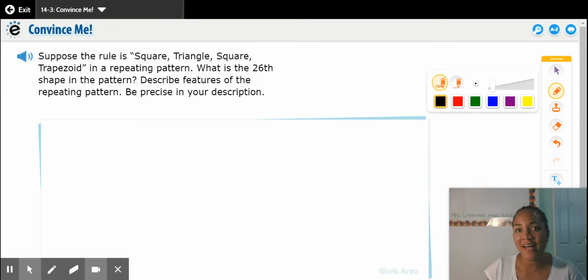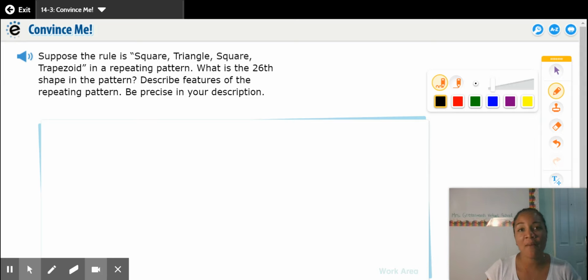Hi guys, welcome back. Today we're going to continue talking about patterns. All right, so we're going to talk about repeating patterns today. Yesterday we went through changing patterns and we used our machine where we made one number go in and another number come out.